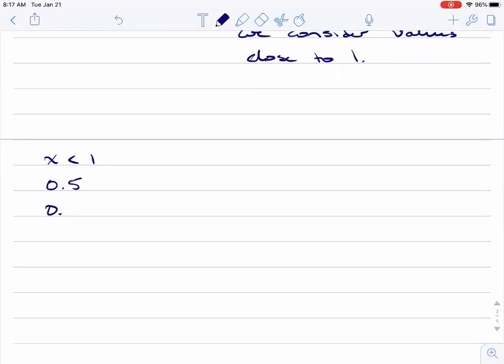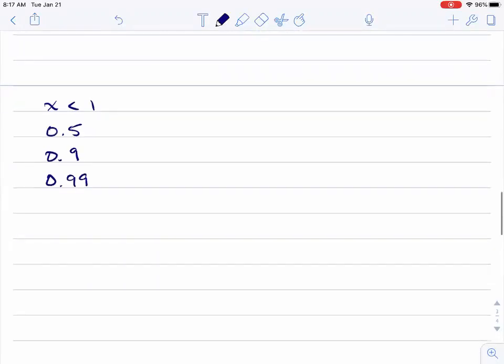That's not very close to 1 at all, and then go to 0.9, and then 0.99, 0.999, and 0.9999, 4 nines, and we can just plug these values in and evaluate f(x).